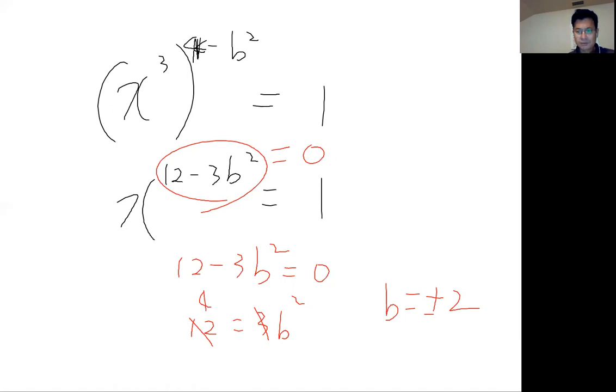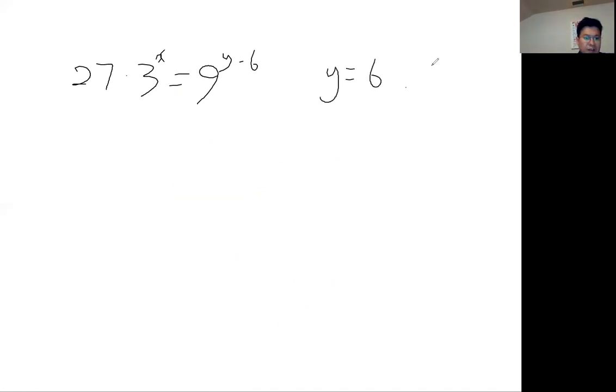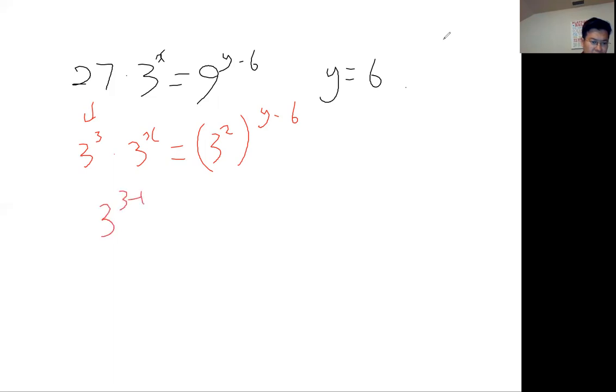The next question: 27 times 3 to the x equals 9 to the y minus 6, and y is 6. Let's simplify this a little bit more, which means let's make the same base. This one is 3 cubed times 3 to the x power, and then 3 squared to the y minus 6. Since it is multiplication, the left side has to be 3 plus x.